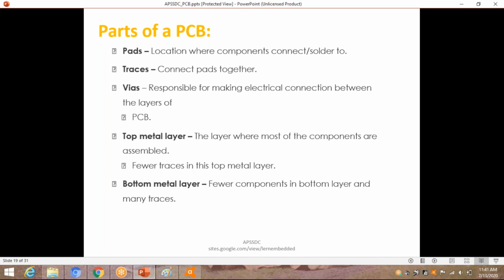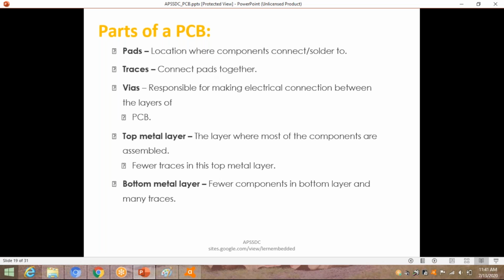Okay, next. Keep in mind, guys, that traces or tracks are the same. They connect pads together. Pads are nothing but the component terminals where we solder. Next, wires, which, as I have already told you, are responsible for making electrical connections between the layers of PCBs.